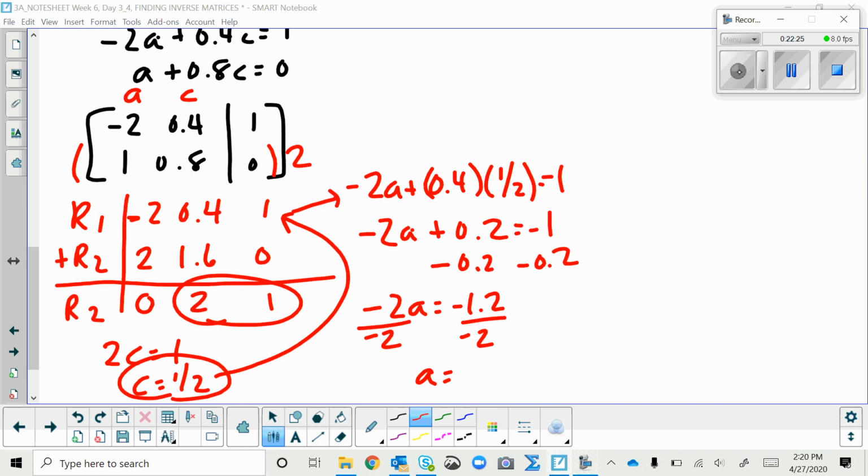I can't read my own handwriting. And I'm trying to rush because I know the video is long. That's negative. So minus 0.2.